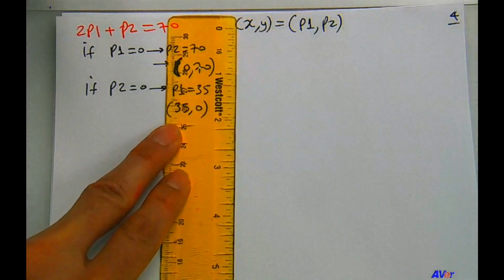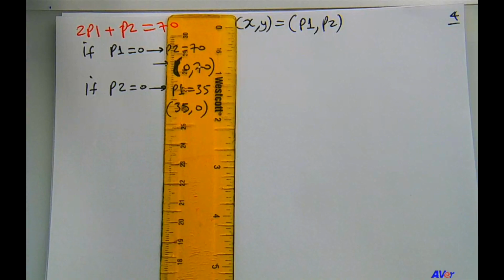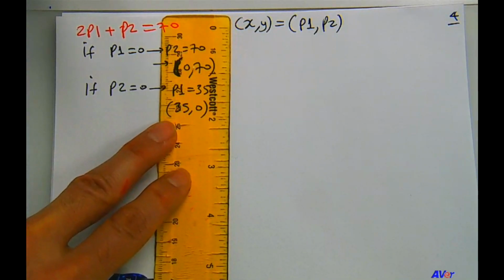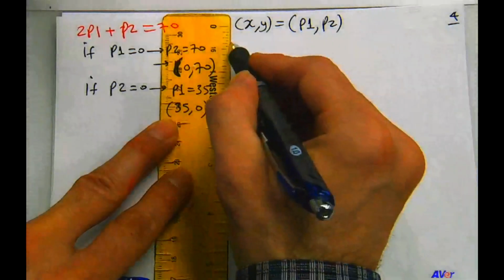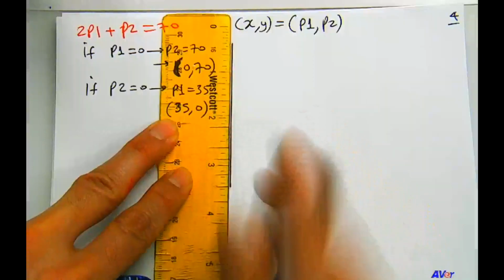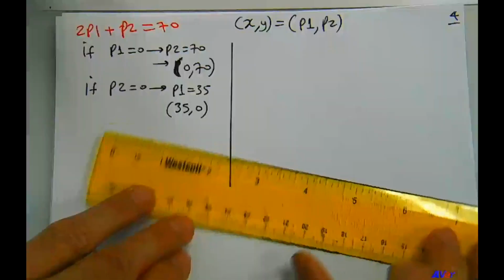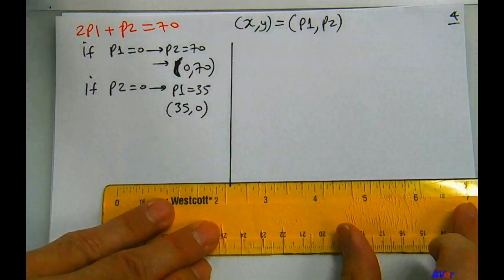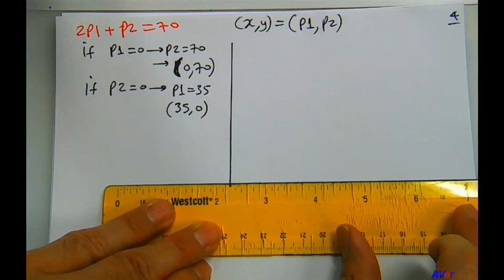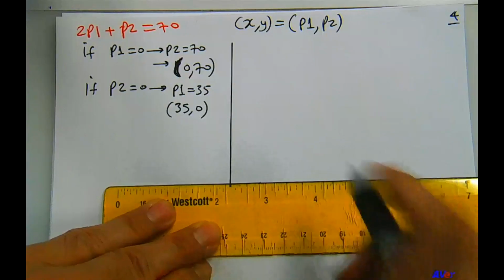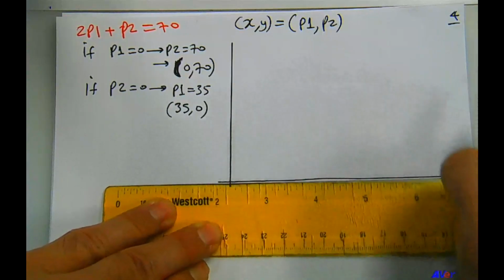So I'm going to draw my graph so that most or all of this blank space is dedicated to the positive side. Like that and like this.